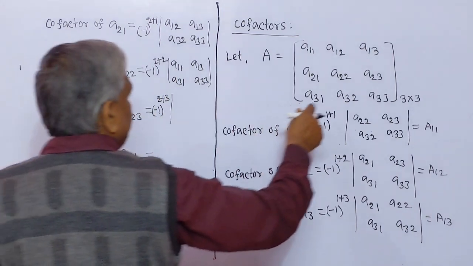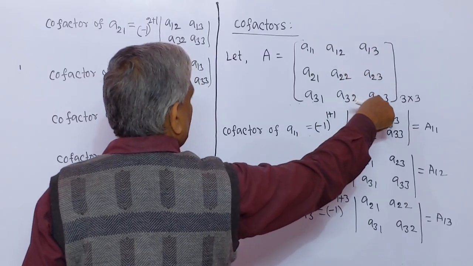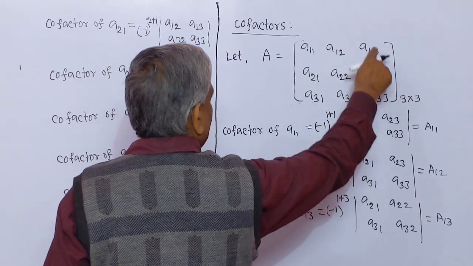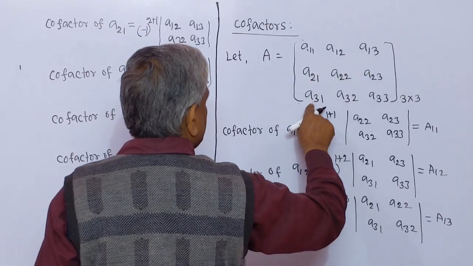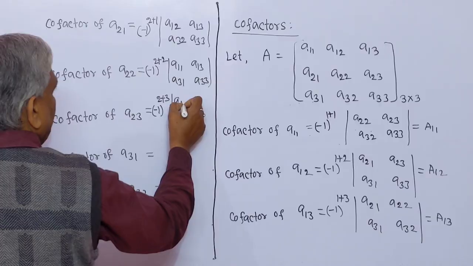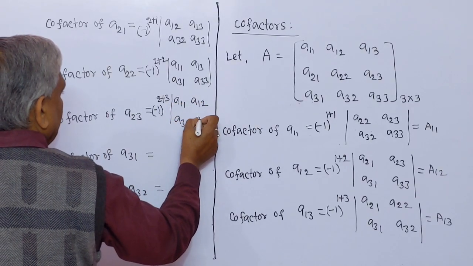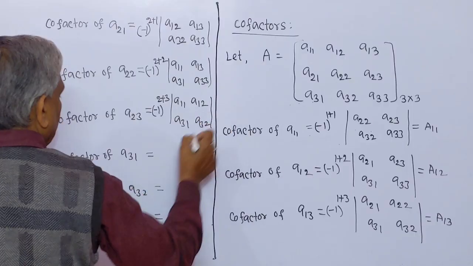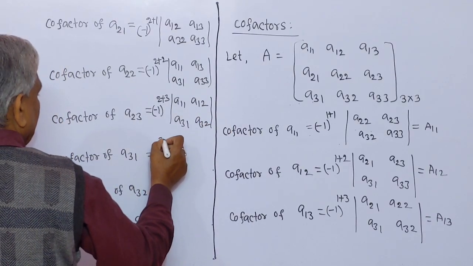The cofactor of A23 is minus 1 to the power 2 plus 3. Here A23 is in the second row and third column. We cancel this row and this column. Remains A11, A12, A31, A32. Then the cofactor of A31 is minus 1 to the power 3 plus 1.